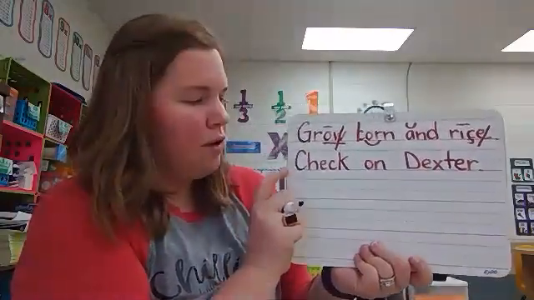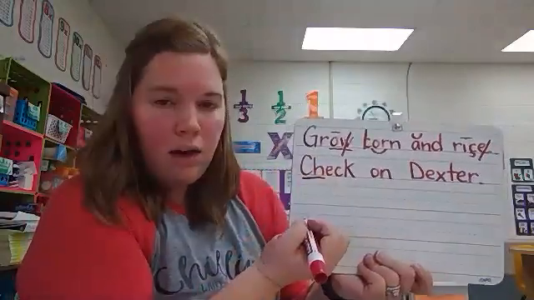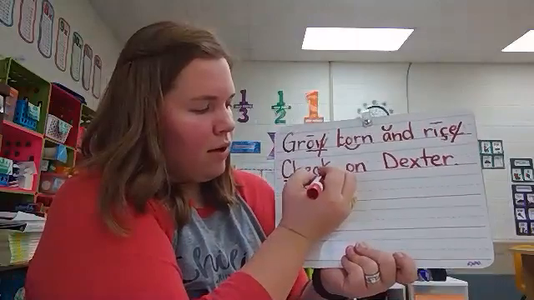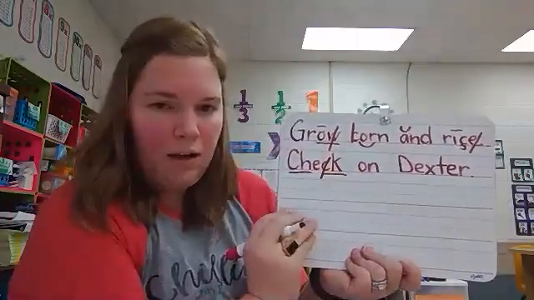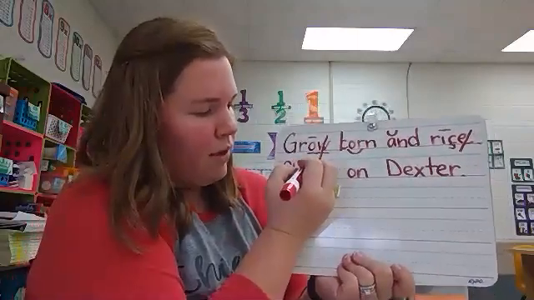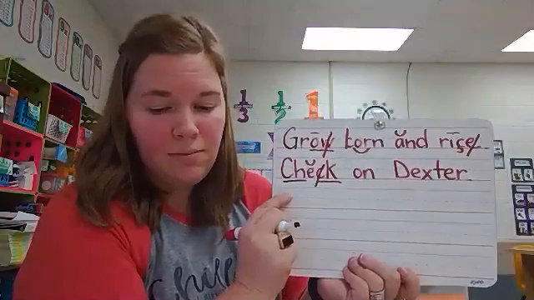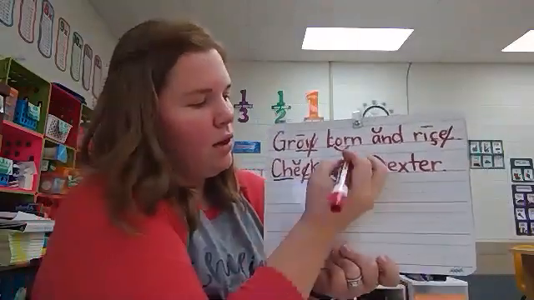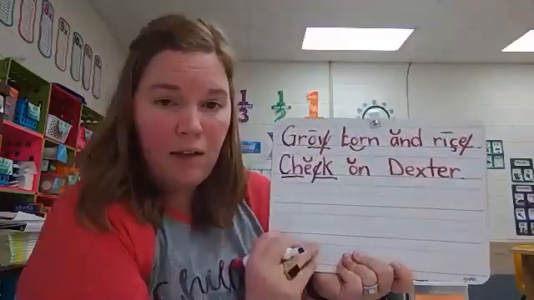We have 2 digraphs in the first word. Digraph CH to underline and digraph CK. Remember the C is silent here, and we need a breve above the E. This word was check. The next word just has a short vowel sound since the vowel is followed by a consonant.